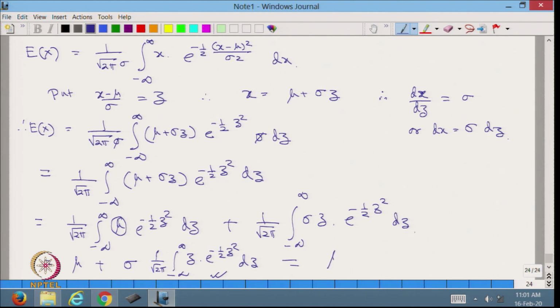Therefore, the end result is mu plus sigma dot 0 is equal to mu. Thus, we get that expected value of x is equal to mu.